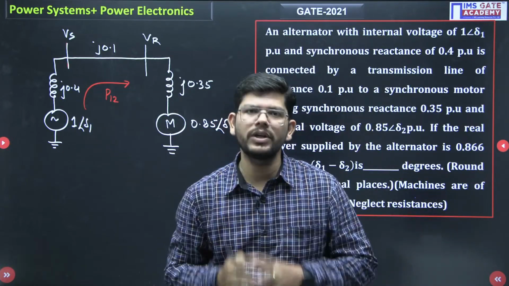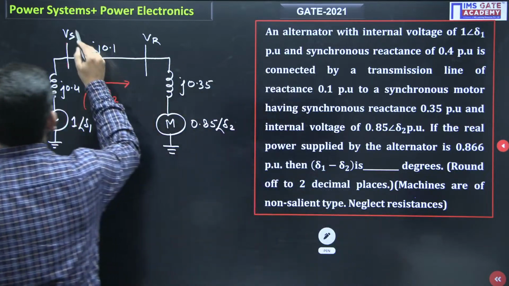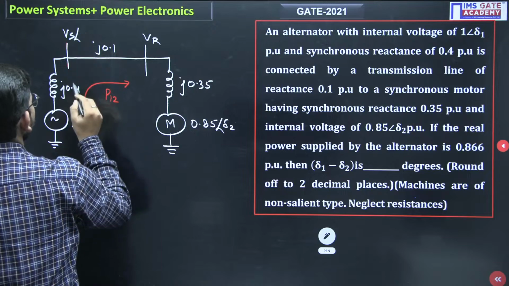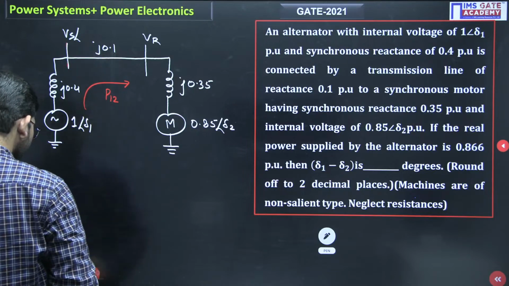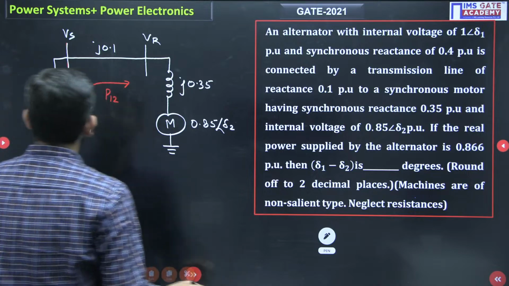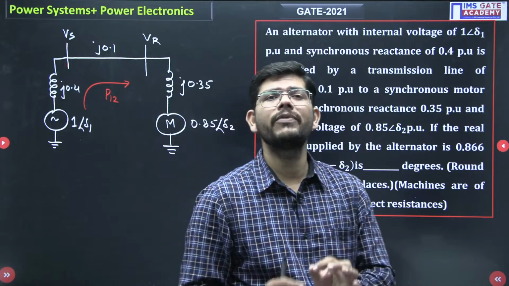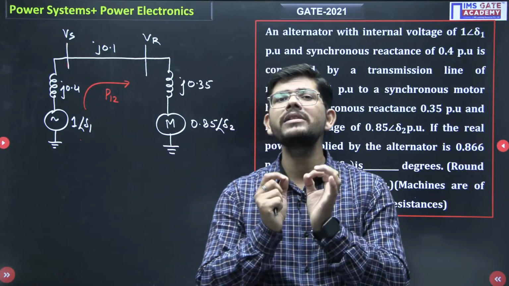Then what is the problem? We have to find out the angle. This angle is del 1, this angle is del 2. We have to find out the difference of angles, del 1 minus del 2.